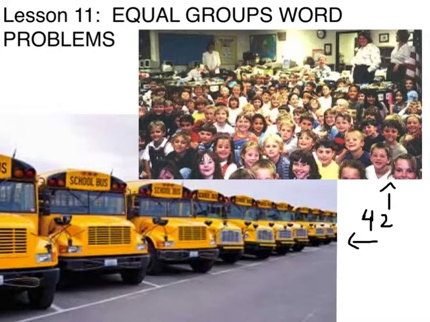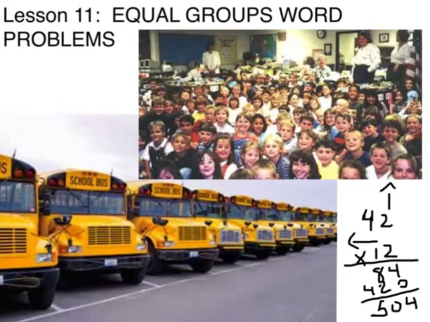Well, I can say 42 times 12, and that would be, let's see, 2 times 42 is 84, placeholder, 42, 504. 504 students can ride to the game at 42 on each one. Alright, go to the next problem.